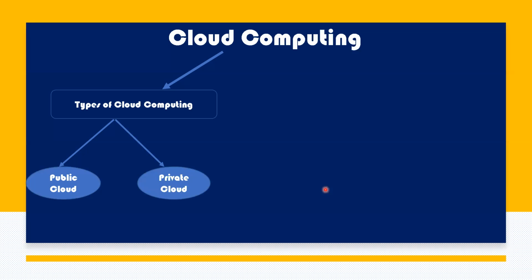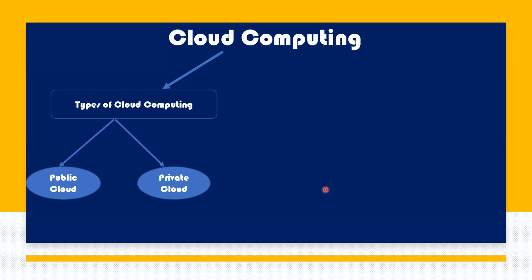Another one is the private cloud. Someone wants to use the cloud feature, but at the same time that cloud should be available only for their company employees or company premises. They want to maintain the server details and everything.